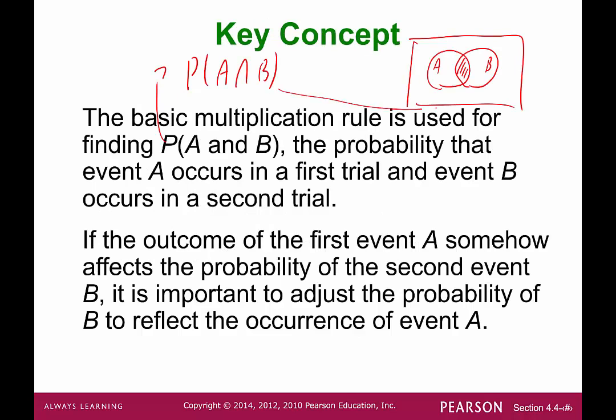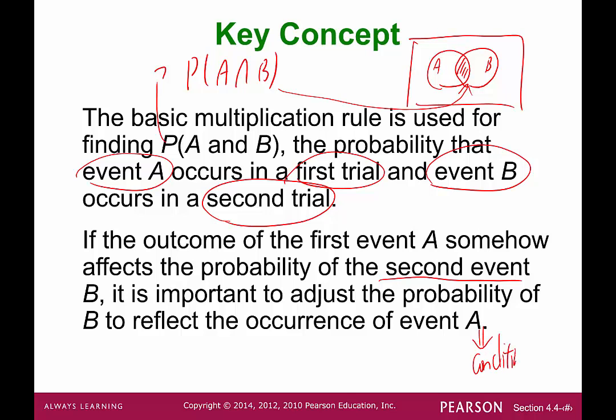This is the probability that event A occurs in the first trial and event B occurs in the following trial, or second trial. If the outcome of the first event affects the probability of the second event, it's important to adjust the probability of B to reflect the occurrence of event A. And we call this conditional probability, given that event A has impact on event B.